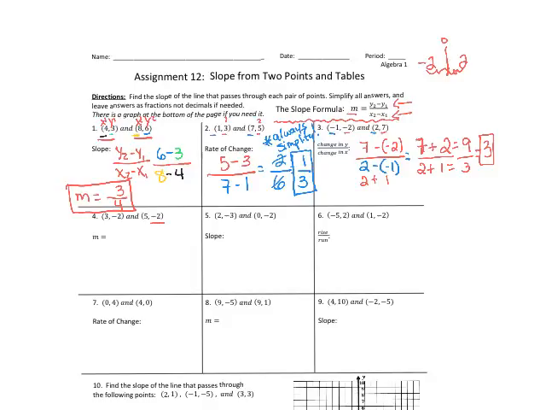Again, the change y2 minus y1, which they happen to be the same, all over x2 minus x1.